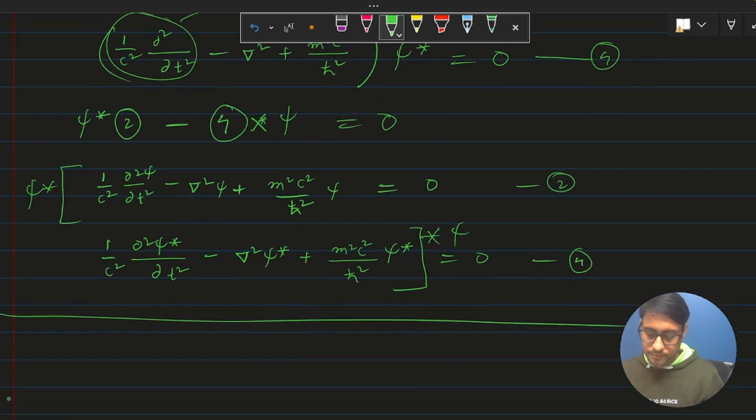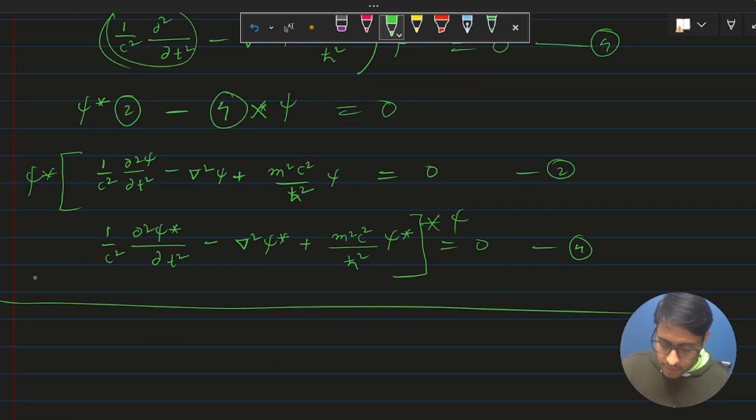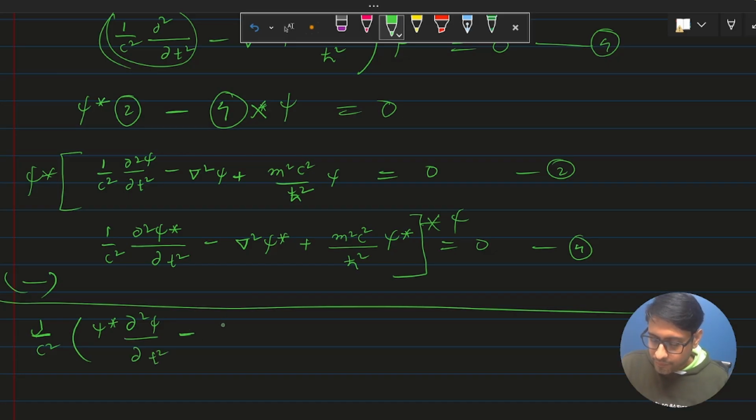So now we are subtracting. Now we can clearly write it as 1 over c square, taking common from these two terms, then psi asterisk del 2 psi over del t square minus del 2 psi asterisk over del t square and multiply.